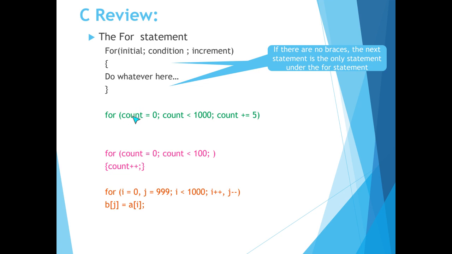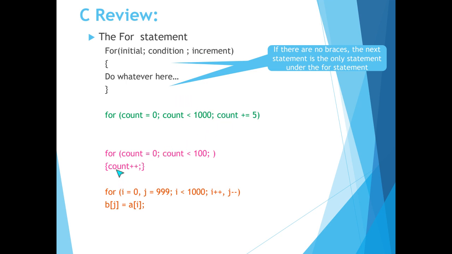You can use any name by following the rules related to naming variables. Count is equal to 0, semicolon, then while count is less than 1000, count plus equal 5. Don't forget semicolons between the initial value, condition, and the operators, as you see here.